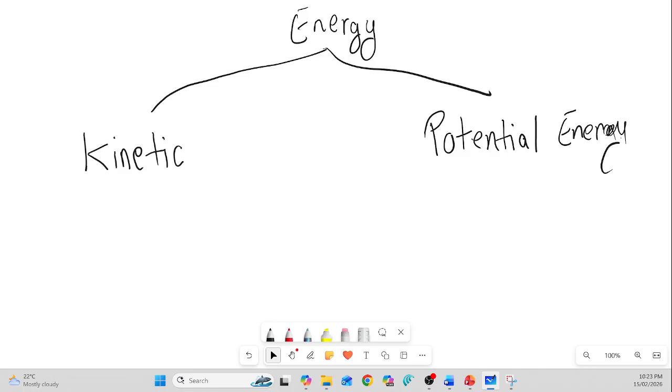Energy is basically a property of an object which makes it do some change.